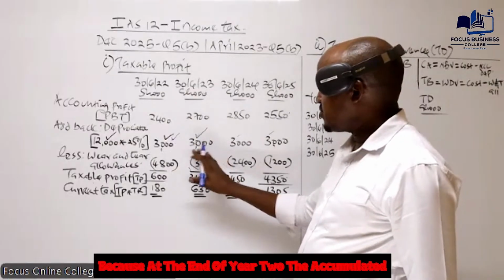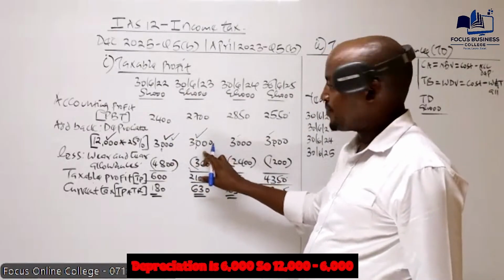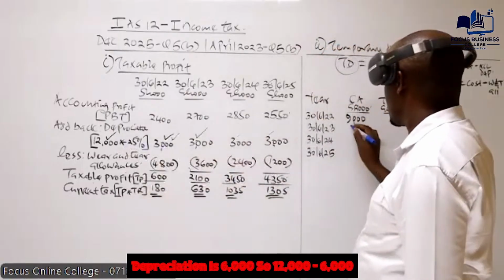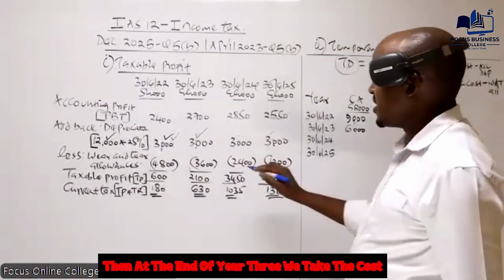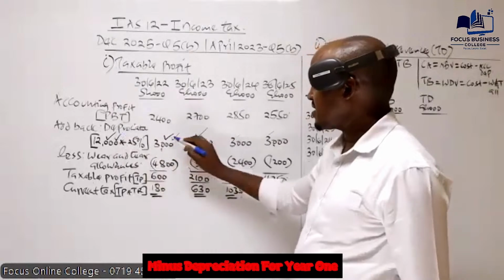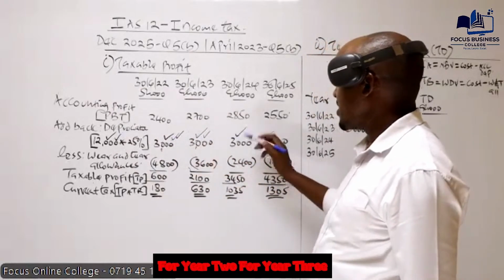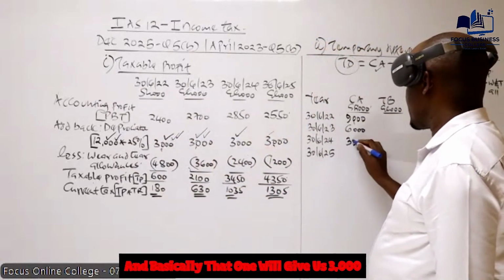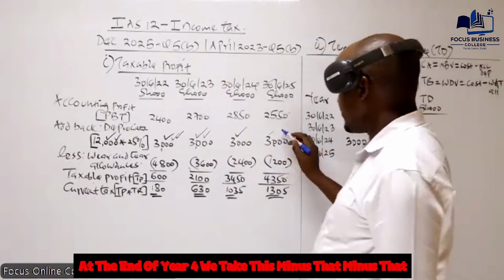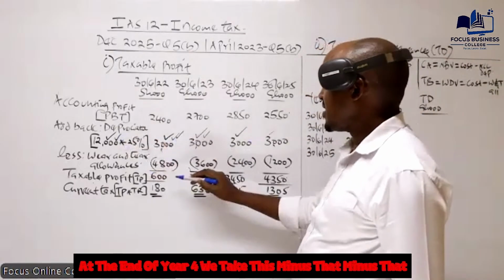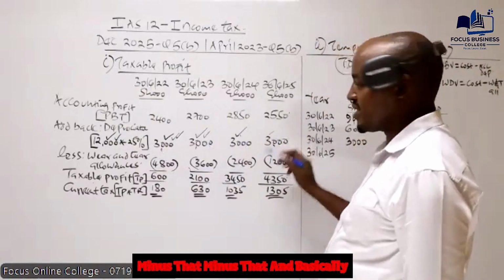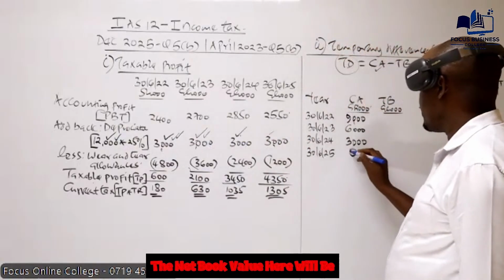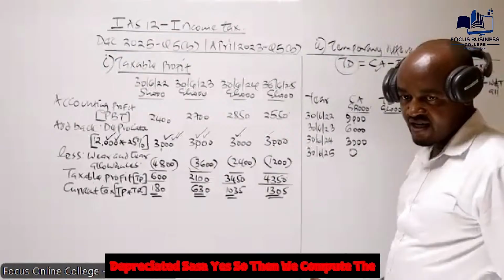Because at the end of year two, the accumulated depreciation is 6,000. So 12,000 minus 6,000 will give us 6,000. Then at the end of year three, we take the cost minus depreciation for year one, year two, and year three. And basically that one will give us 3,000. At the end of year four, we take the cost minus all four depreciation charges, and basically the net book value here will be 0. The asset will be fully depreciated.